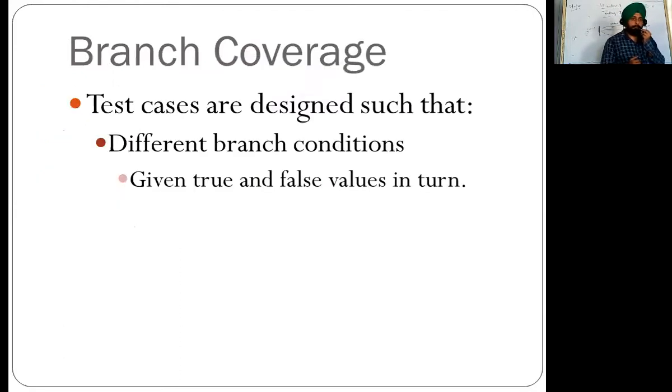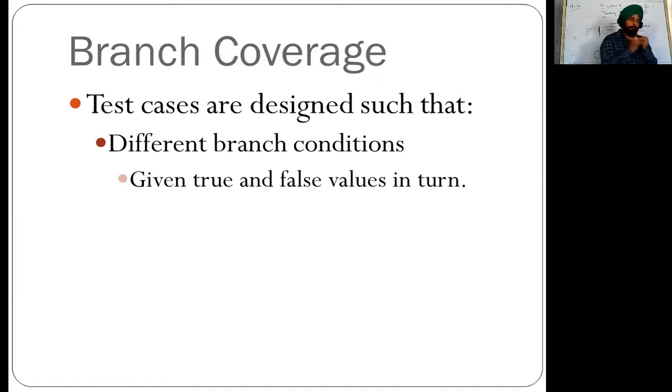Next slide. Branch coverage. If there is a condition, like an if condition, it can be either yes or no. If yes, this code will run. If no, this code will run. So at a time, when we execute your code, only one of the blocks will be running.